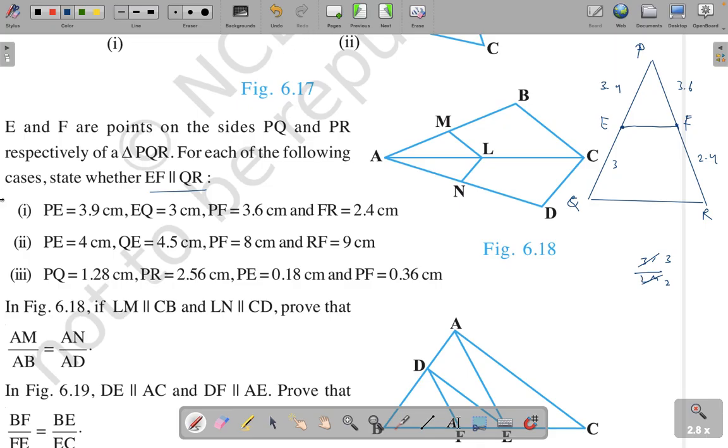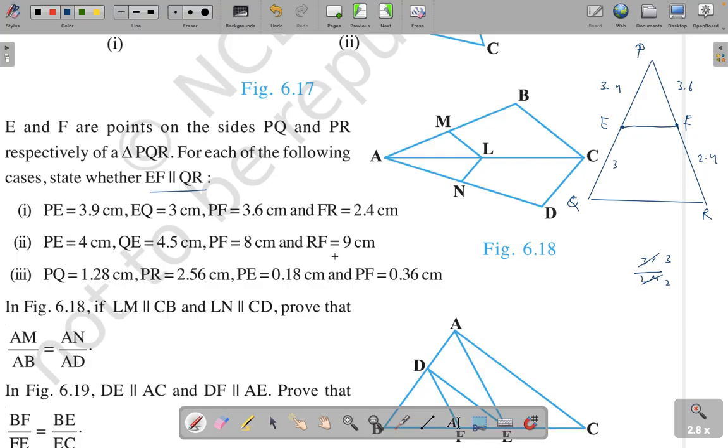What about 2? PE is 4, EQ is 4.5, PF is 8, and FR is 9. Yes, they are proportional. Both will be 8 upon 9. Then you have PQ is 1.28, PR is 2.56, PE is 0.18, and PF is 0.36.